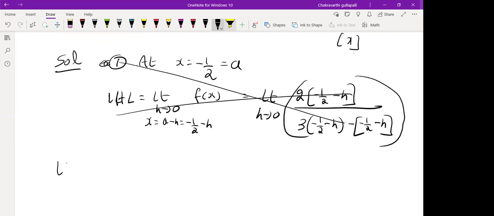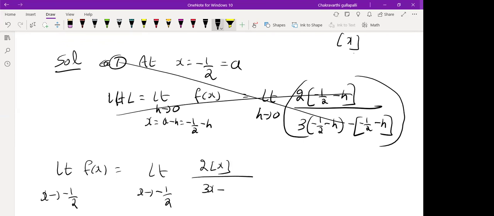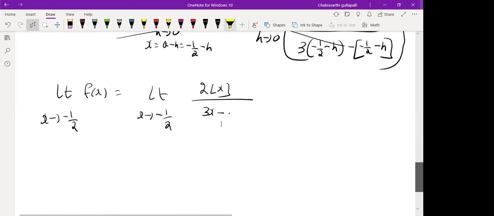So let us go for the limit x approaching minus 1 by 2 of f(x). This is 2 box x by 3x minus box x. Yeah, let us evaluate that. You know algebra of limits.